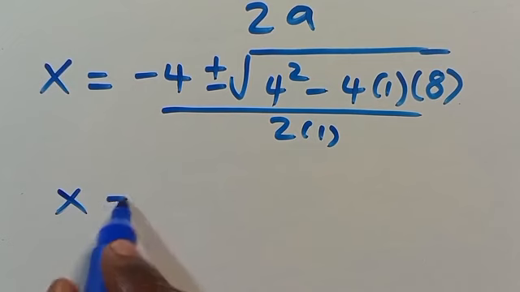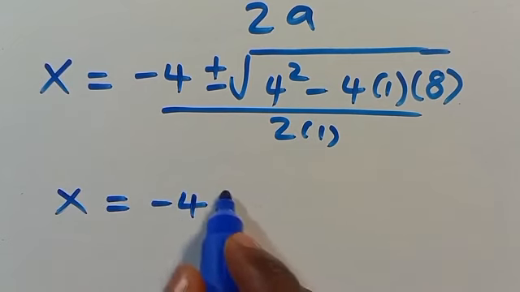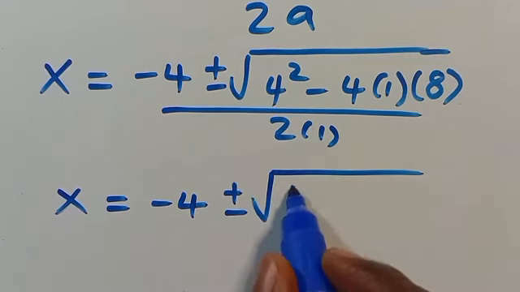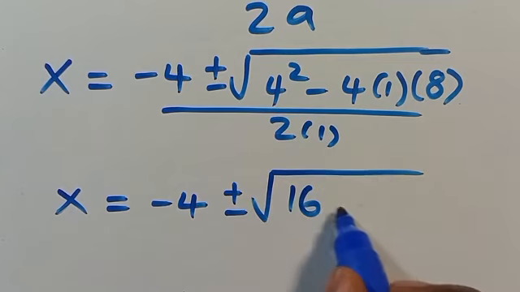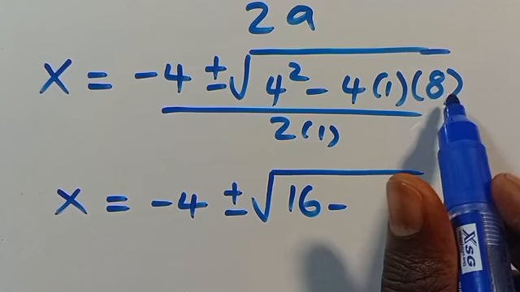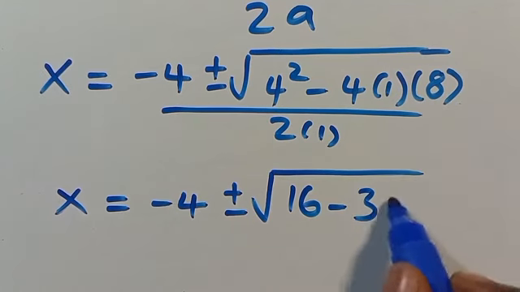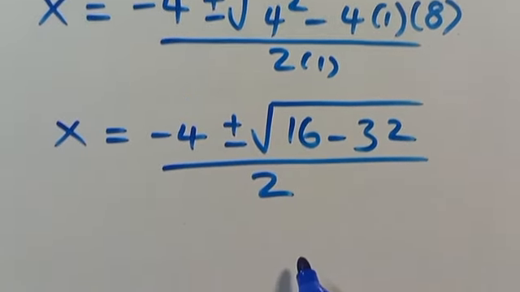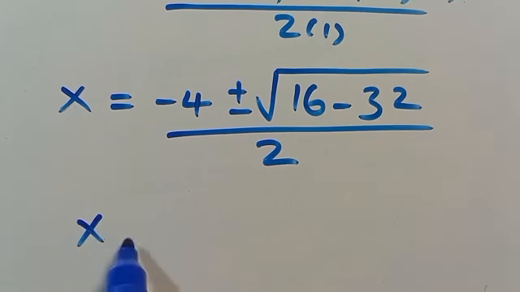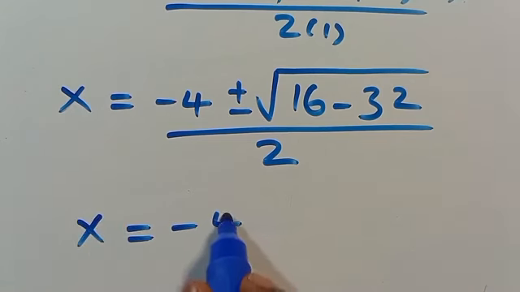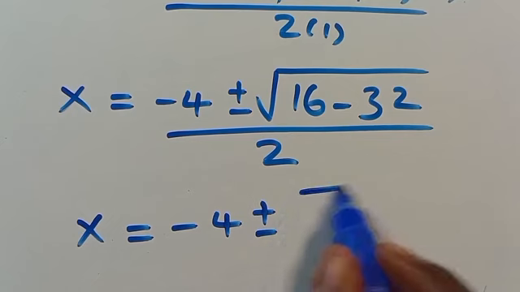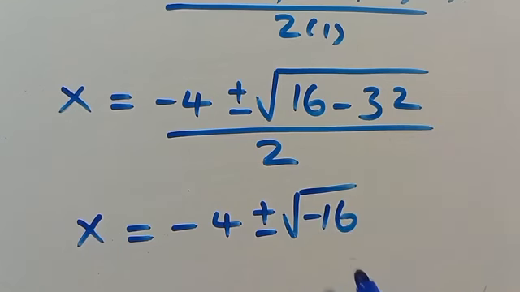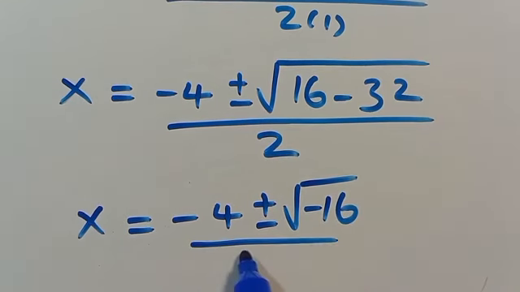So we have x equals minus 4, positive or negative, root of 4 squared will be 16, meaning 4 times 4. 4 times 1 is 4, times 8 will give us 32, all divided by 2. So from here we have x equals minus 4, positive or negative, root of 16 minus 32 will give us minus 16, then all divided by 2.